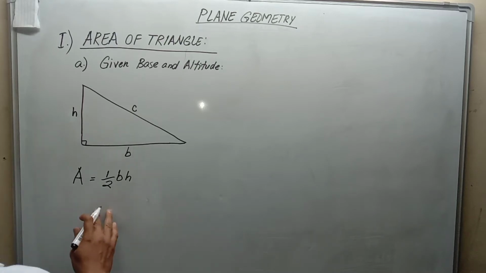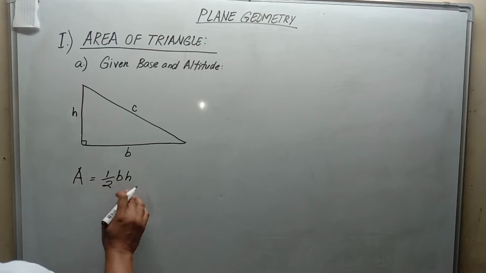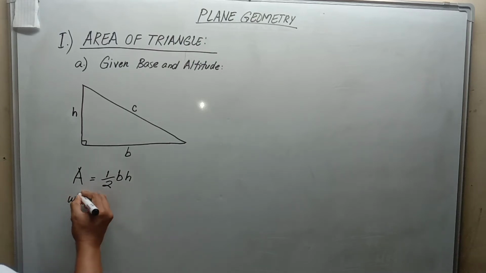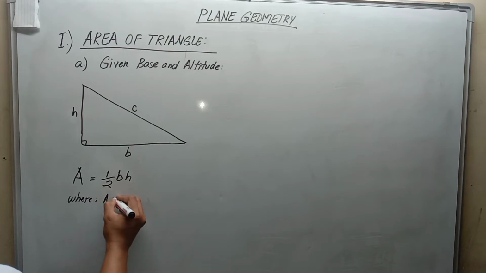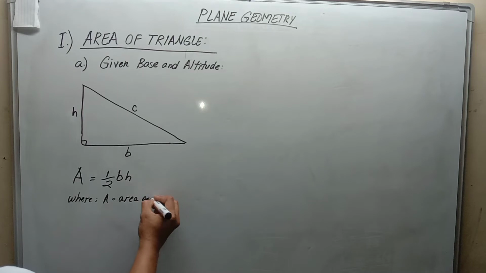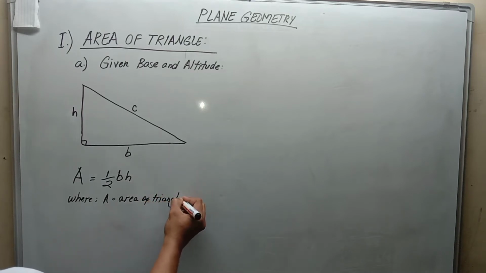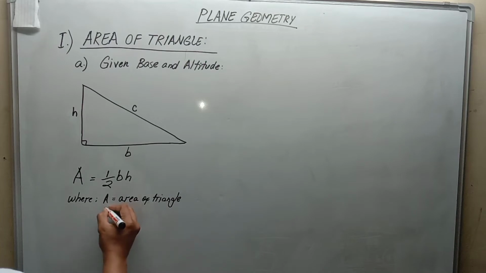So this is our standard equation, where A is the area of the triangle. Okay. B is the base.